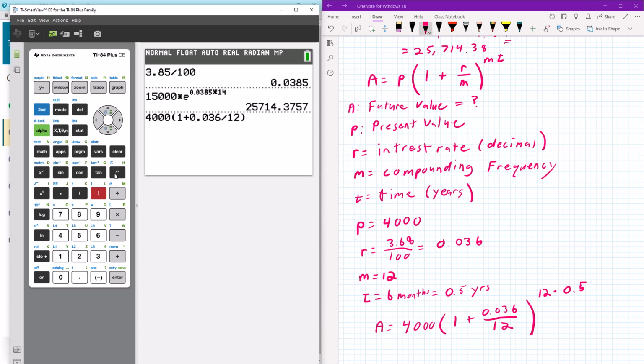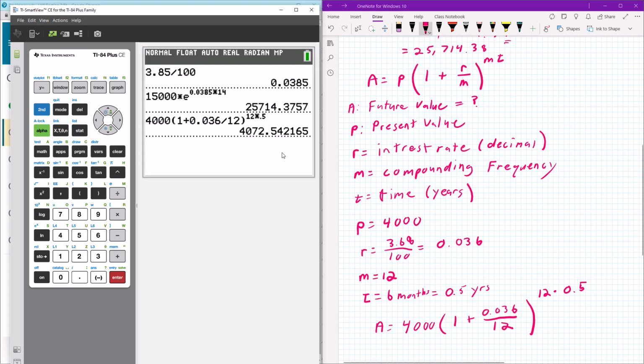Now this is our power symbol. If we click this, we will get our exponent. And then we can put in 12 times 0.5 and hit enter. And we get an answer of $4,072 and basically 54 cents when you round.